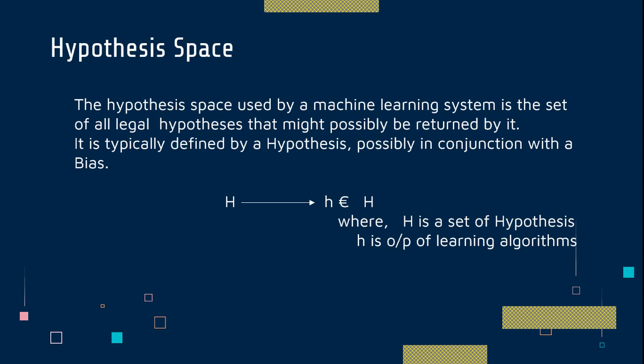It is denoted by capital H. So the hypothesis space is always denoted by capital H, where small h belongs to capital H, where the capital H is the set of all the hypotheses and the small h is the output of the learning algorithm.